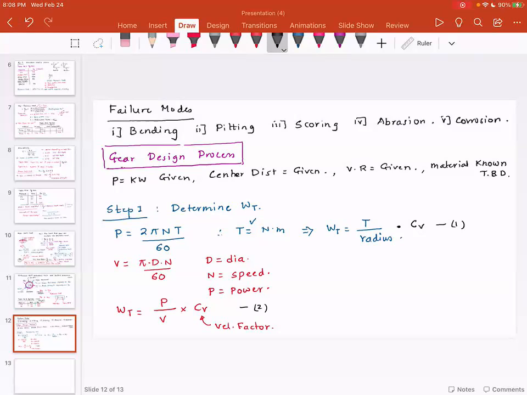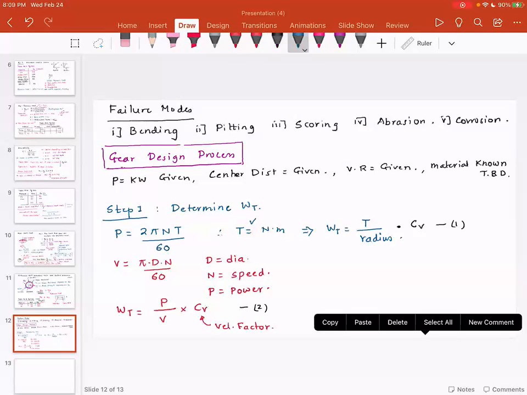And if we don't know the diameter, we may not know the pitch line velocity. So there is some trial and error that needs to be done. But once we solve one or two problems, you will see that we can go back and forth and determine the value of Wt.